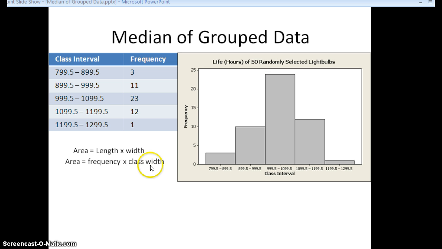The class width I'm going to have to calculate by looking at the different classes. And the great thing is, as long as we set up our class intervals correctly, the class width is a constant. So if I take 899.5, subtract 799.5, I see that the class width is going to be 100. Same thing for the next class.